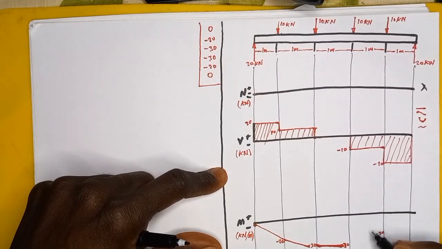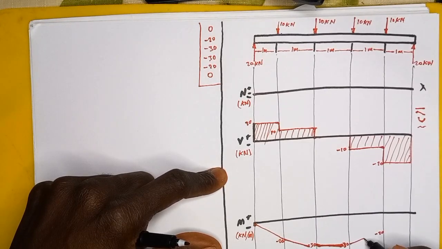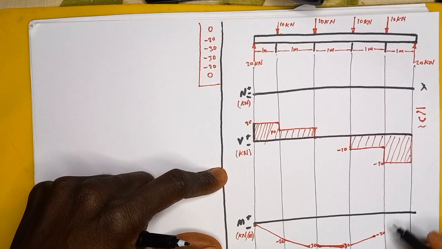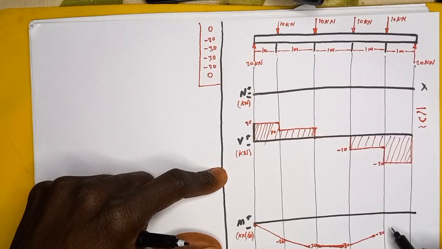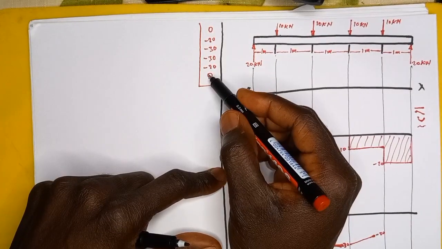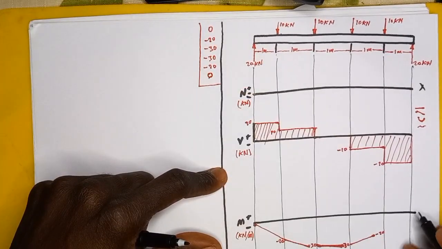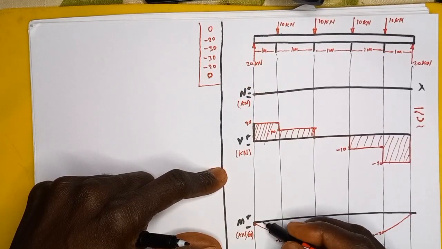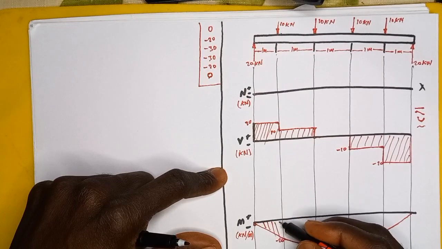And the graph of that is an inclined line, so give that inclined line to it. And the next point, according to our points, is 0, so this takes us to 0 here, right? So this is going to be the graph of our bending moment.